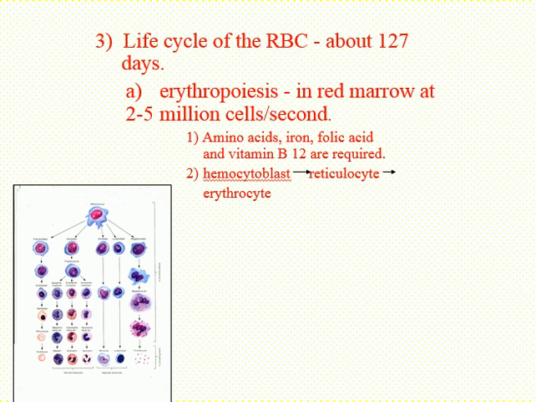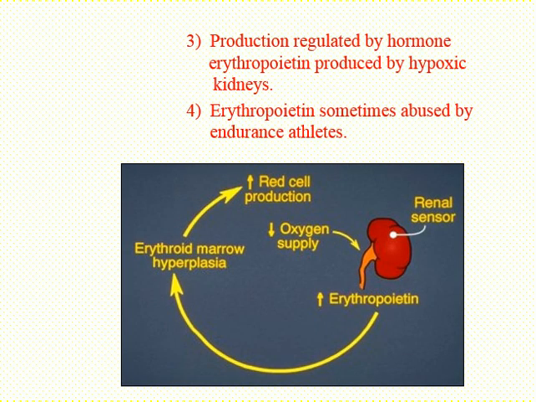And it turns out that the control mechanism for how fast erythropoiesis occurs is governed by a hormone called, cleverly, I think, erythropoietin. The hormone that governs this is erythropoietin, and it is produced by hypoxic kidneys.